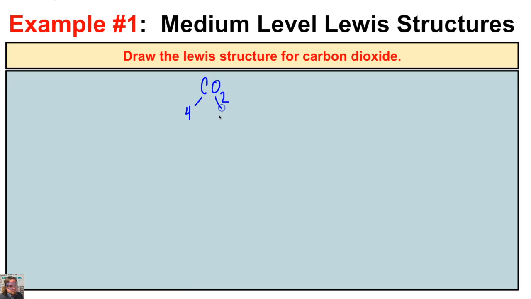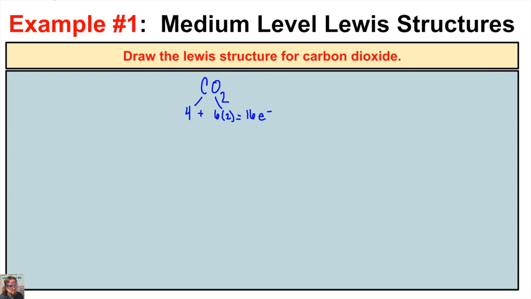We know that oxygen has 6 valence electrons, but there are 2 oxygen atoms in this molecule. So when we add this together, we're going to end up with 16 valence electrons, or 16 electrons that we're going to have to spread around these 3 atoms here, satisfying the octet rule for each one of these atoms.